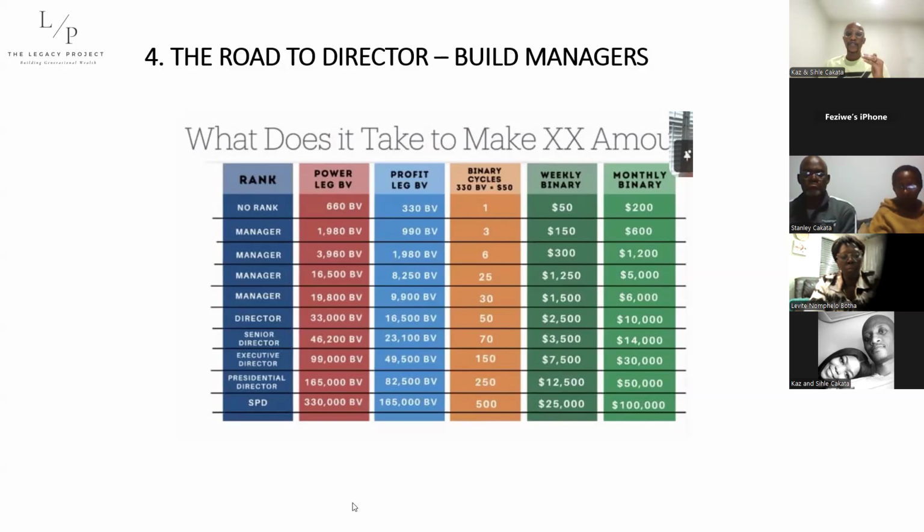It's important to note that, but let's skip just one more step and say, what do 3 cycles per week look like? Now imagine your business a month, 2 months, 3 months from now. 3 cycles is 990 business volume. If we divide that by 180, it means just 5 people getting started, not you personally enrolling 5 people per week.